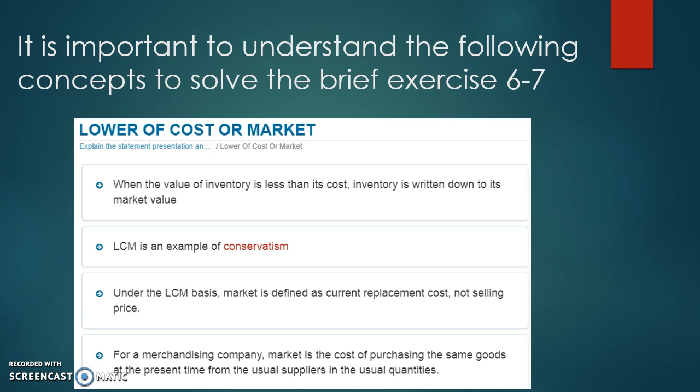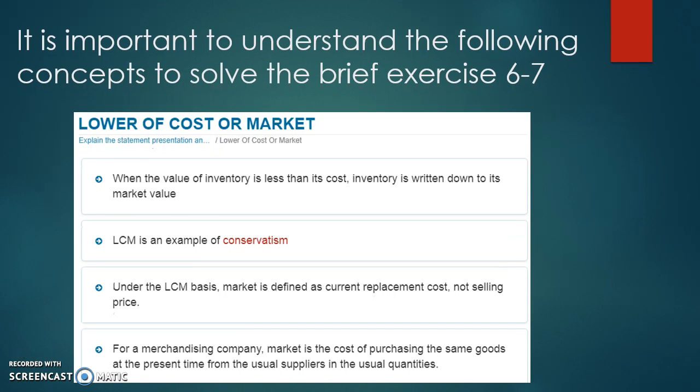But before doing that, I have highlighted some very important notes that I feel will be helpful to us. This has to do with the lower of cost or market value, which was the first exercise that we had to do. Firstly, when the value of inventory is less than its cost, inventory is written down to its market value.